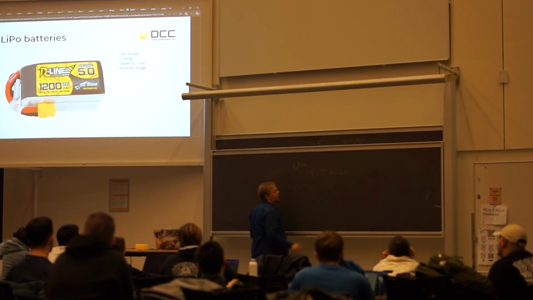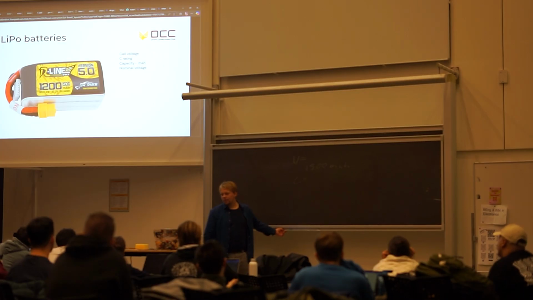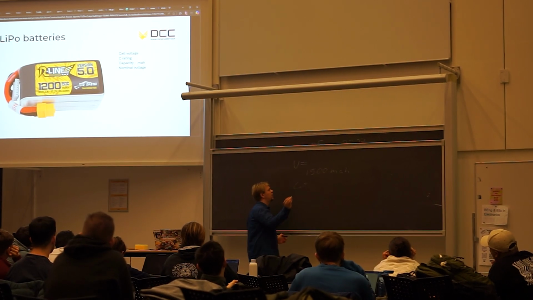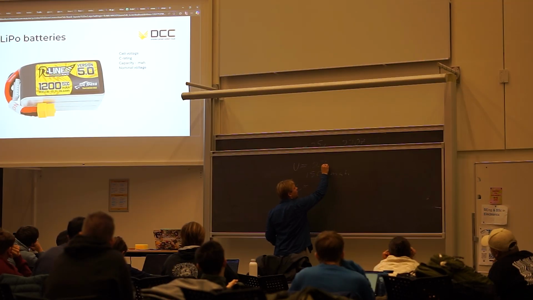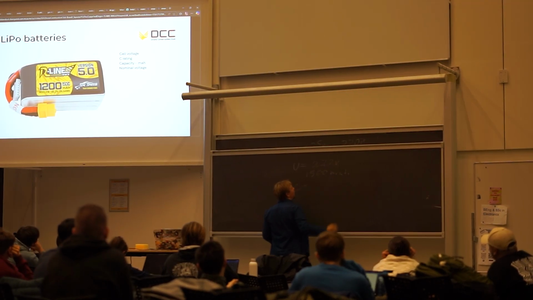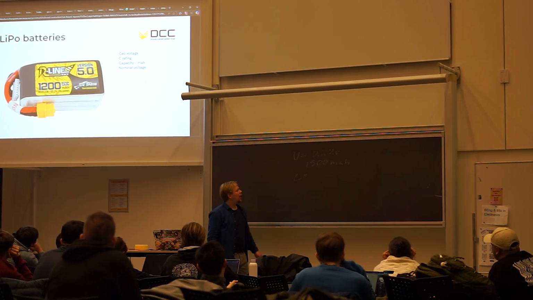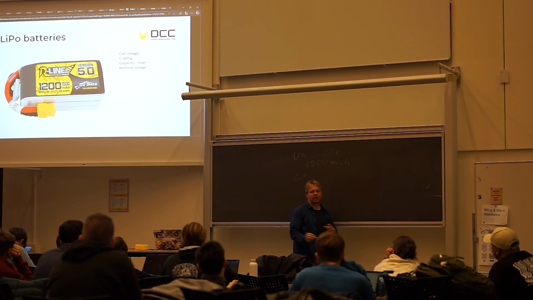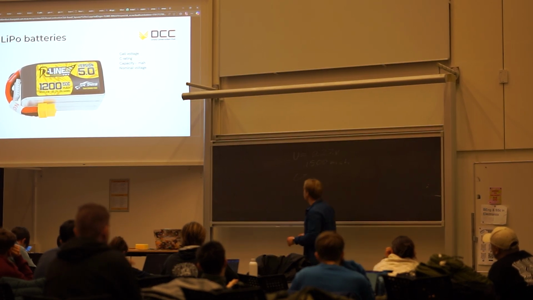You have the voltage. The voltage depends on the amount of cells. Here it's written the nominal voltage is 22.2 volts. And basically what you have is 6 cells in this configuration.